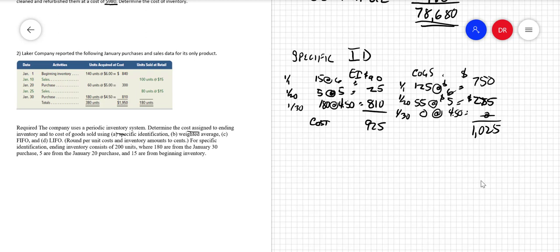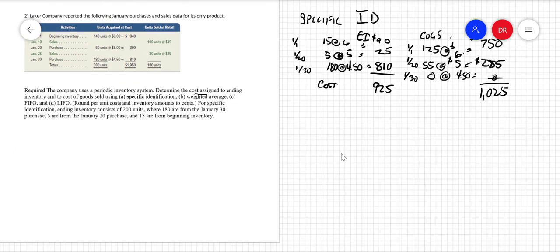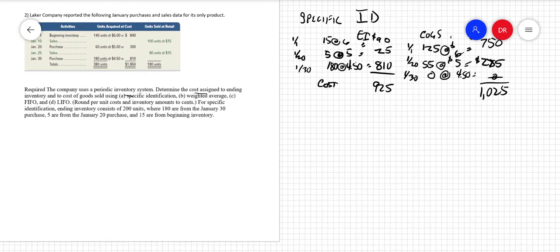In this format, they're going to tell you how much is left in each specific layer of inventory. It's not going to work that way with FIFO and LIFO. So let's move on to the next category, which is going to be weighted average.